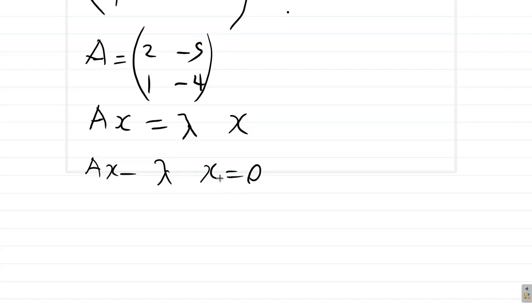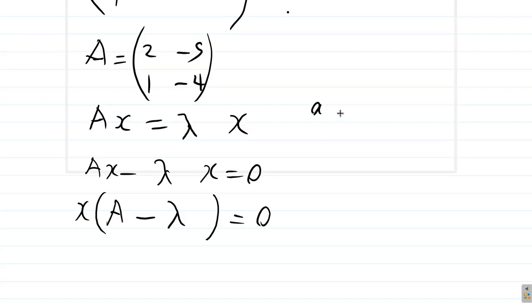You can factor out the x, the eigenvector, so the eigenvector times the matrix minus this eigenvalue equals 0. Now, let's rewrite everything with the same shape that they would take.